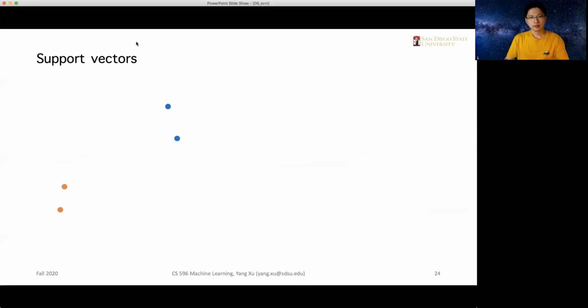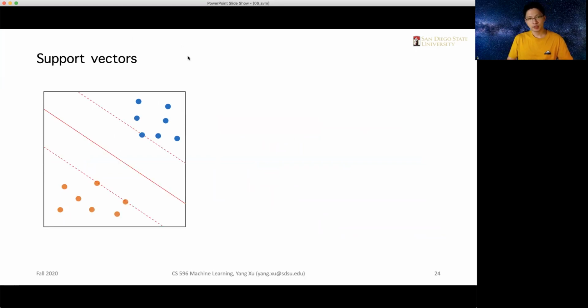All right, if we visualize it in a simple data set, by using QP to solve the minimization problem with respect to alpha, we're able to identify the support vectors.